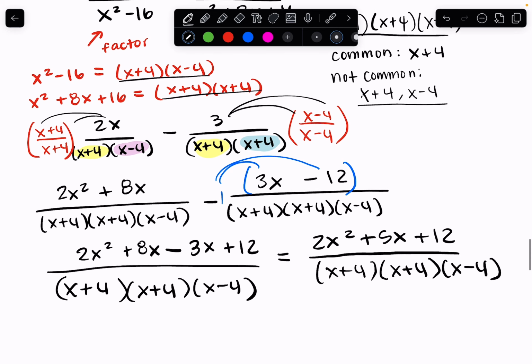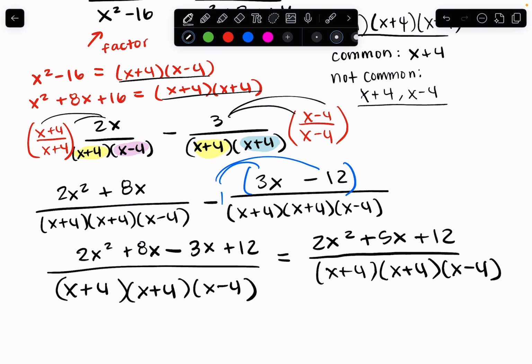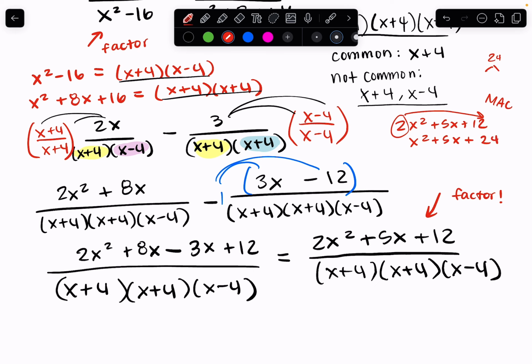All right, and so from there, check to see, can you factor this? Let's see, I'm going to go ahead and factor this for you real quick on the side. So here we have to do the MAC method. So we have x squared plus 5x plus 12. What is this? 2 times 12 is 24. What are your factors of 24 that will give you a 5?